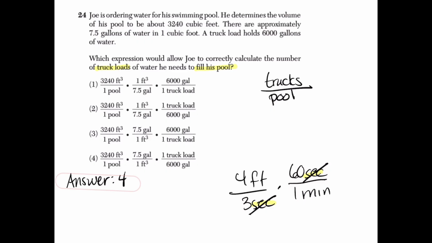Why? Because in my final answer, I would have feet times seconds over seconds times minute, and these two would cancel out. It would be dividing by itself, a second divided by a second. And I would end up with feet per minute, which is what we see here.